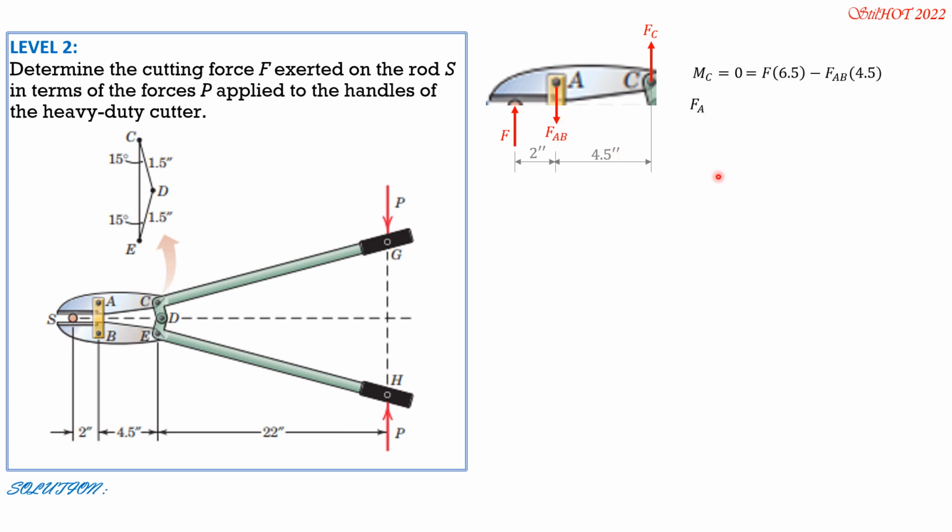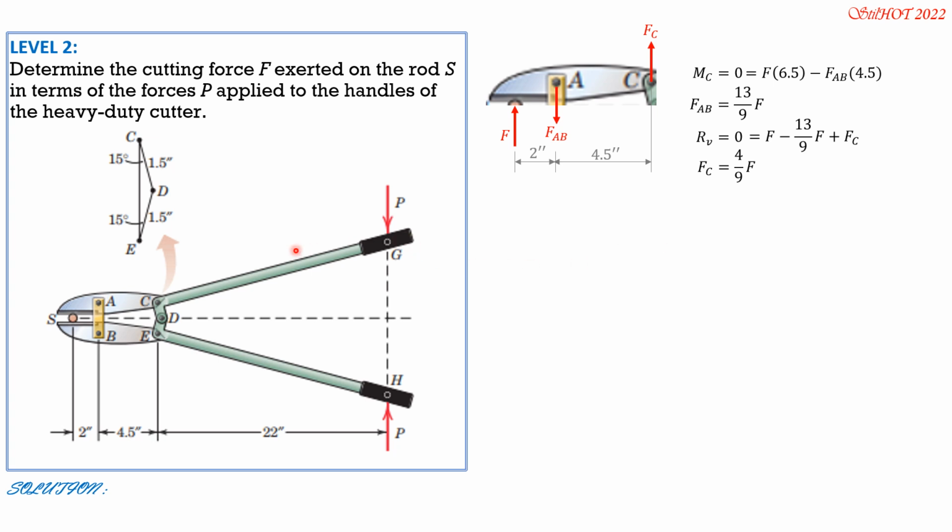Therefore, FAB is 6.5 over 4.5 of F, or 13 over 9 F. Then summation of forces vertical equals 0 to solve for F sub C. So it is equal to F minus FAB, which is 13 over 9 F, plus F sub C. So F sub C therefore is 4 over 9 of F.